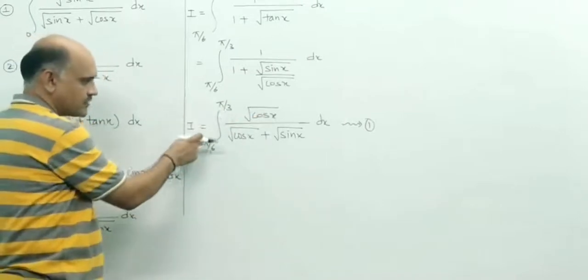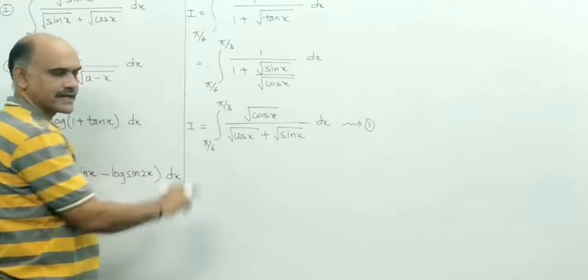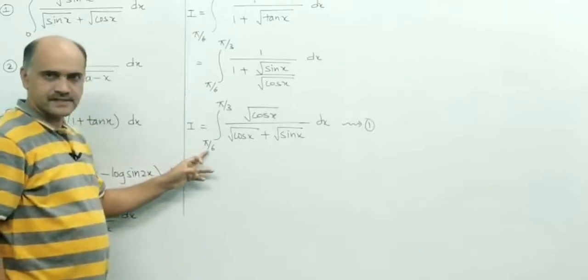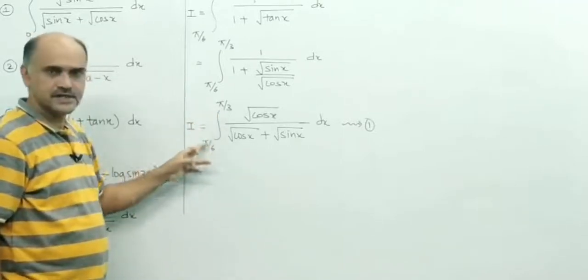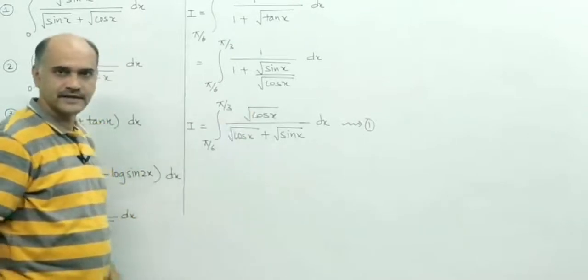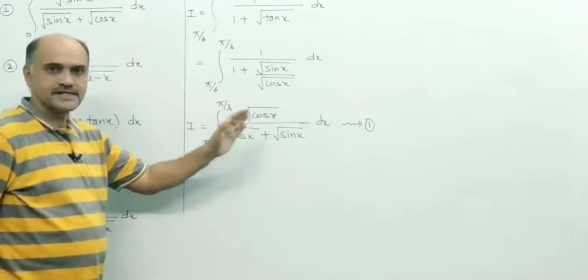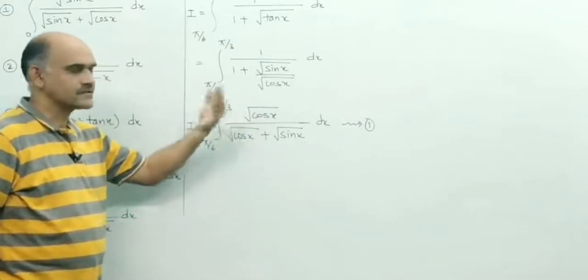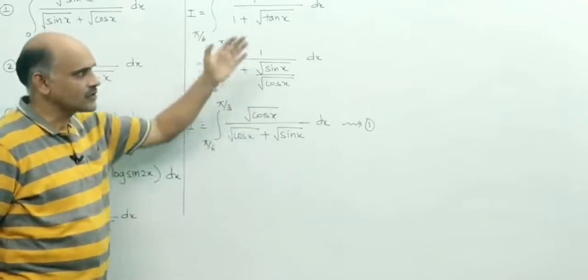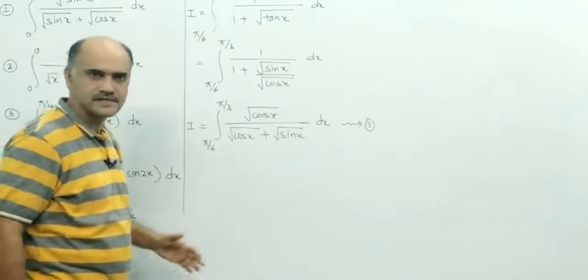And if you observe, if you add these two, it is 90. Pi by 6 is 30, pi by 3 is 60, 30 plus 60 you will have 90. So again 90 minus x: cos of 90 minus x will become sine, sine will become cos, then all the steps remain the same.